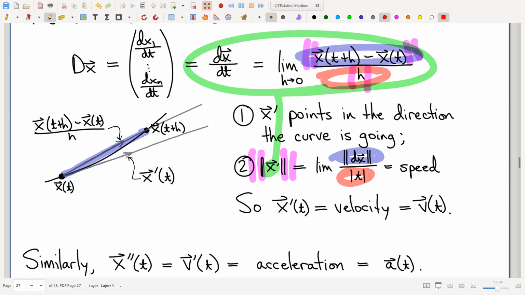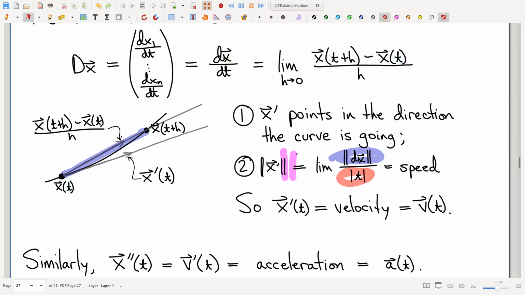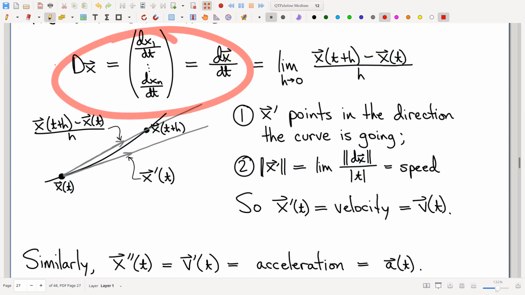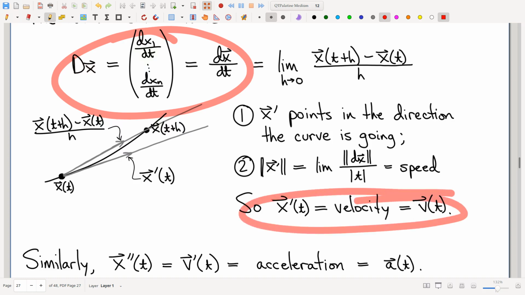So this is a really nice conclusion. Now we've got a lot of little details running around here, but the punchline is this vector represented by the, okay, you can call it the derivative matrix, you can call it the single variable derivative, whatever, same thing. It's the vector that points in the direction you're going and whose magnitude is the speed. That's literally the definition of velocity.